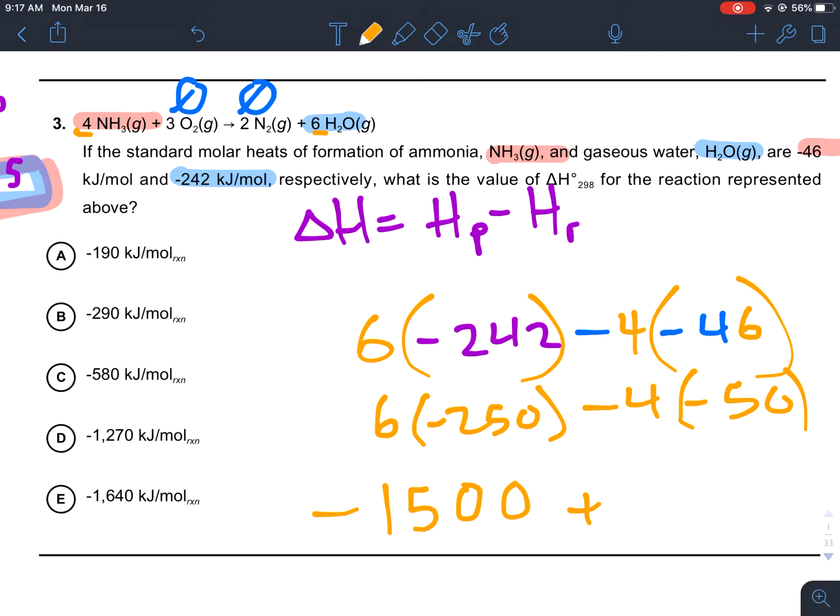This is going to be positive 200, and the answer is going to be somewhere around negative 1,300. The answer that's close enough is D. I'm just trying to show you the way I use estimation techniques. One of the things that you're going to find is really against you on the AP exam is time.